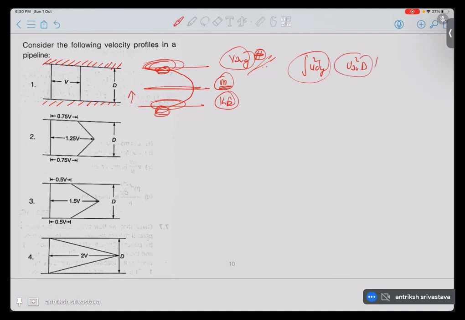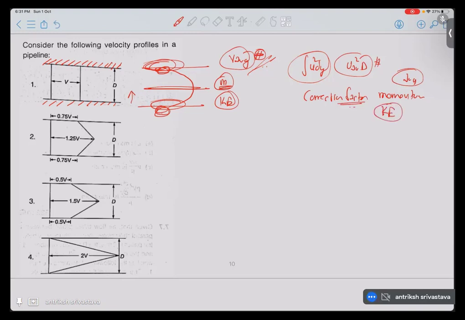So to correct for that, people have determined a correction factor for the momentum calculation using the average velocity and for the kinetic energy calculation.